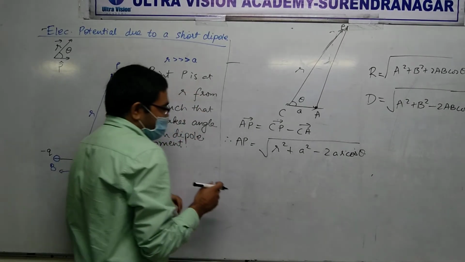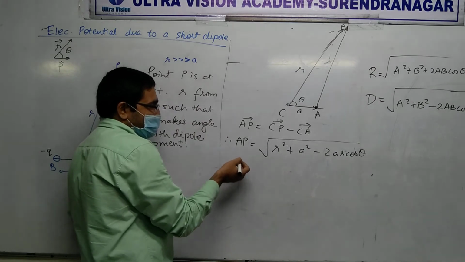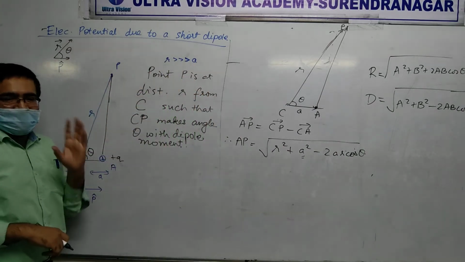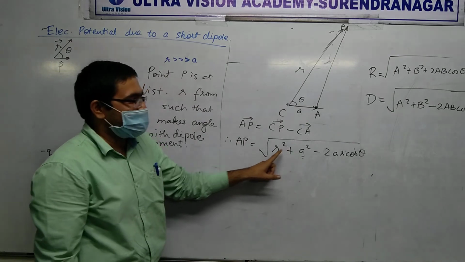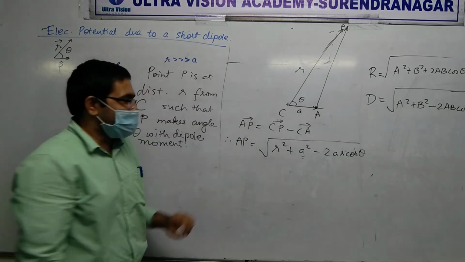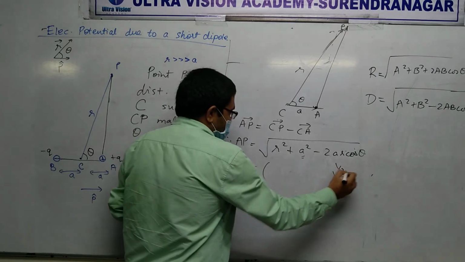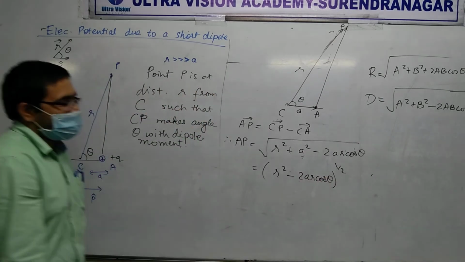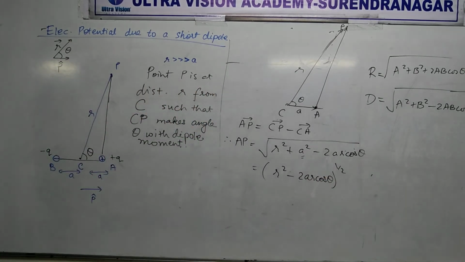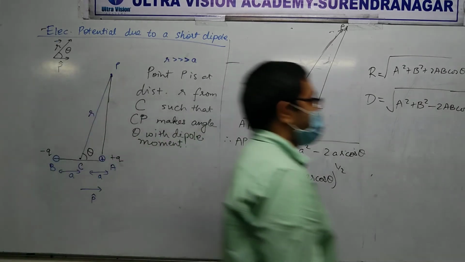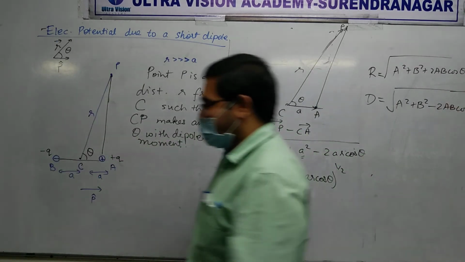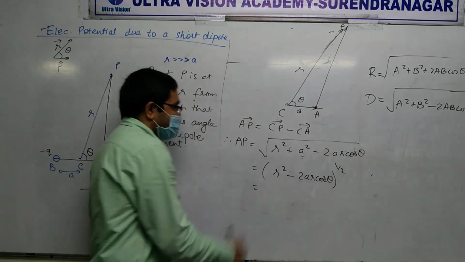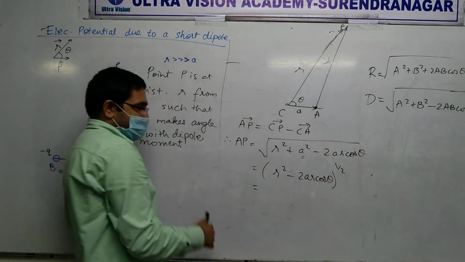Now we will do some amazing mathematics by neglecting things. We know that a is very small compared to r, so we neglect a square compared to r square. So this would be written as (r square minus 2ar cos theta) raised to half. Now, I'm going to take r square common out of it.